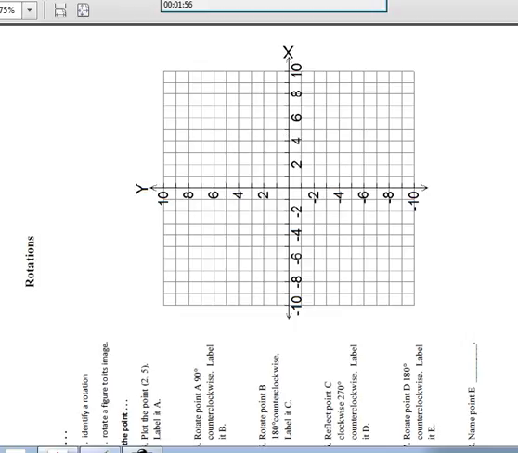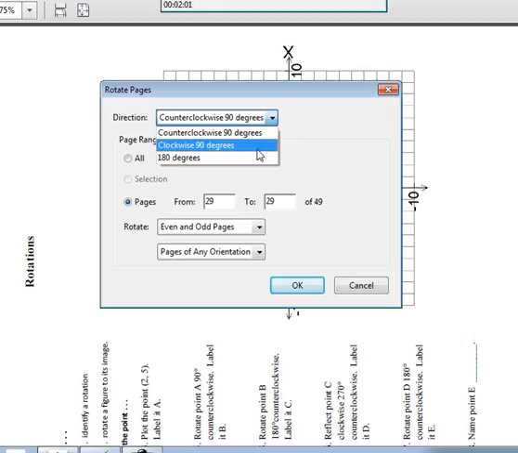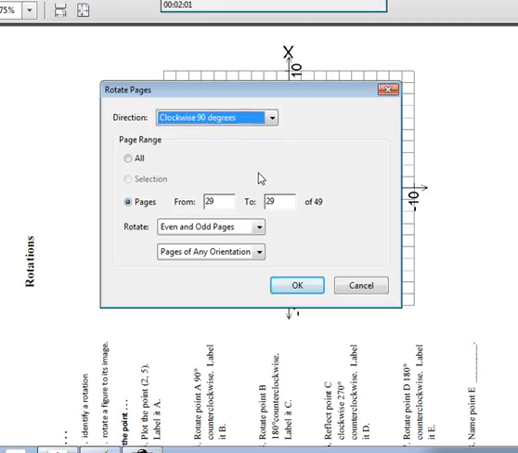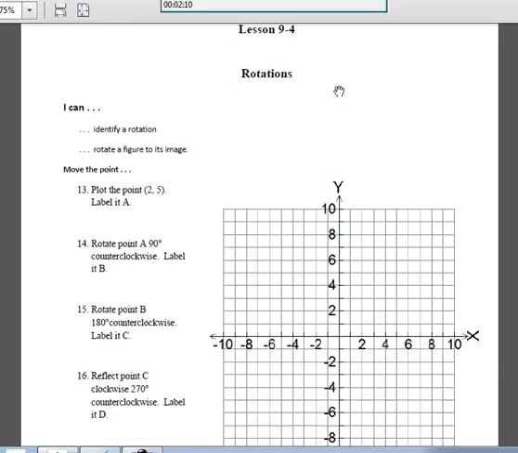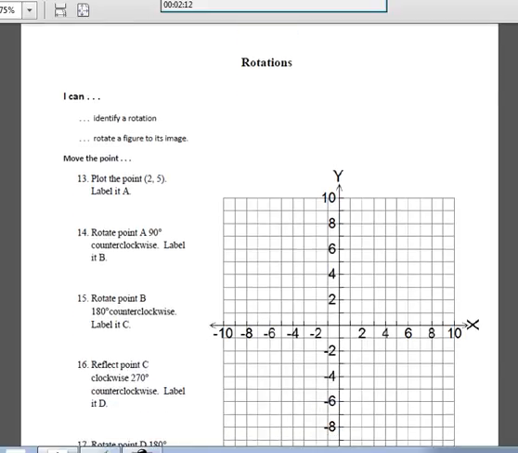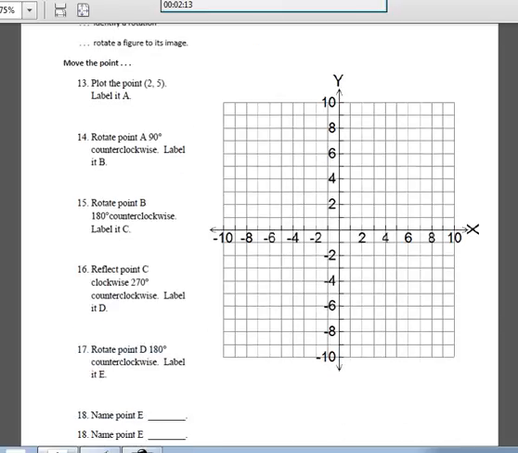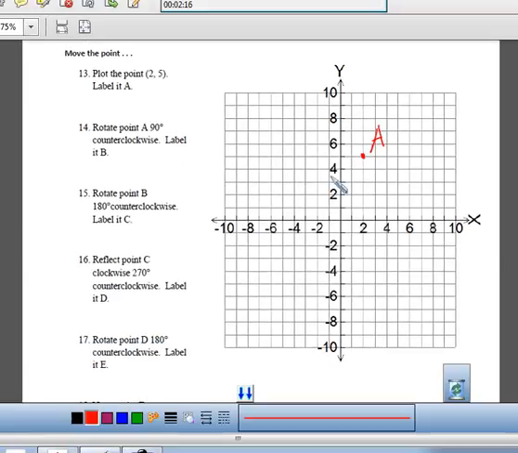Okay, so let's rotate this back because we don't want to keep it there. That's the strategy you're going to use if you can't see it: turn your paper so that you can see it the right way. So we just said this is going to be at negative 5, 2. So this is going to be point B.